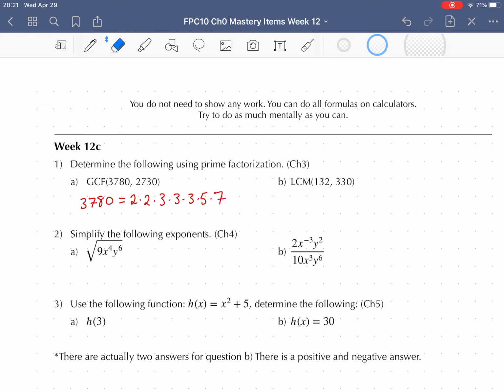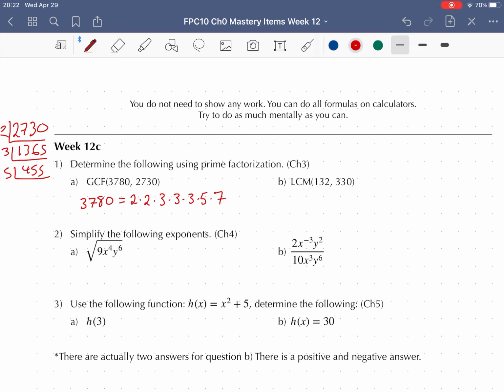All right, so now let's do 2730. So 2730 divided by 2, we get 1365. We can divide that by 3 to get 455.